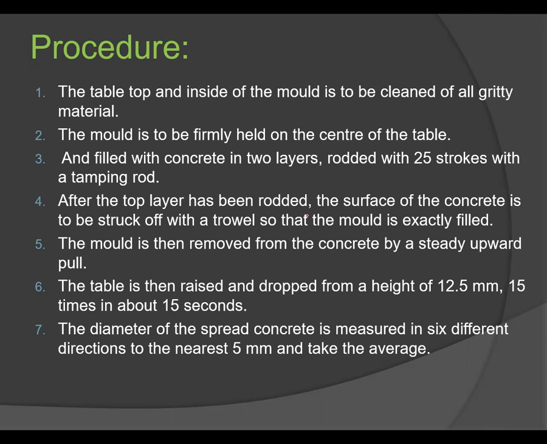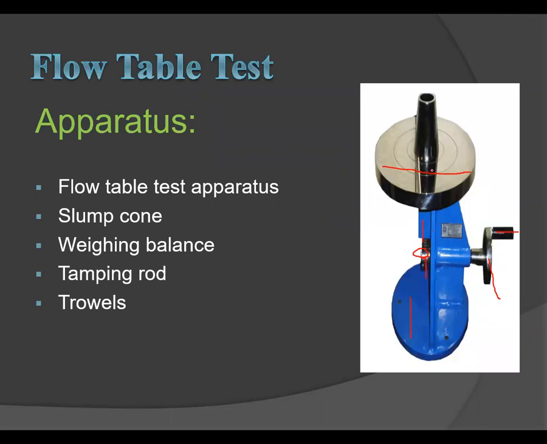Then the mold is to be firmly held on the center of the table and filled with concrete in two layers. You can see in this picture, firstly this slump cone is firmly fixed over the flow table at the center.